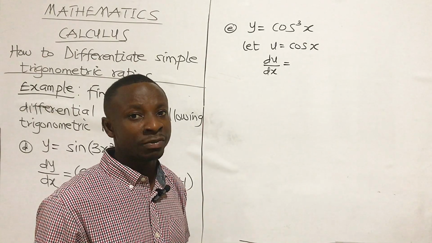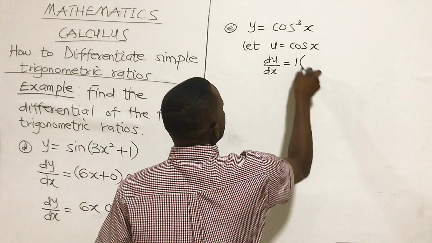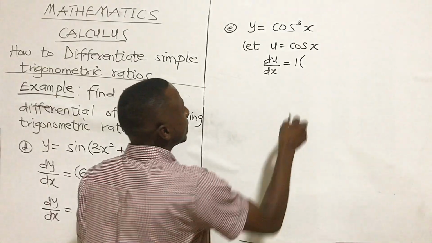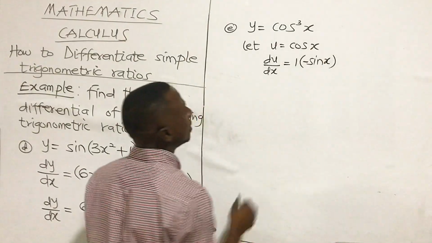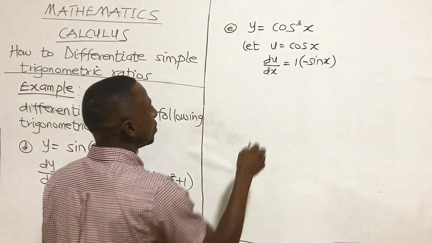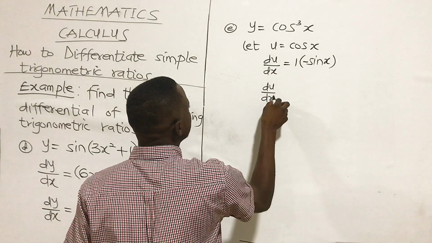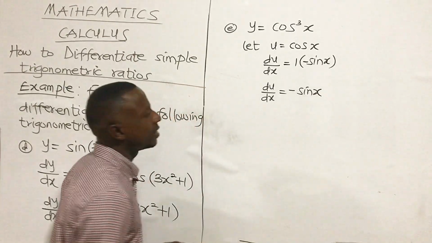And when we differentiate x, we are getting 1, multiplying the differential of the trig itself, which is negative sine, then we add the x to it. So we have du over dx is equal to negative sine x.